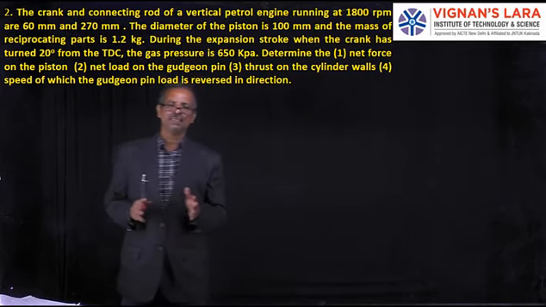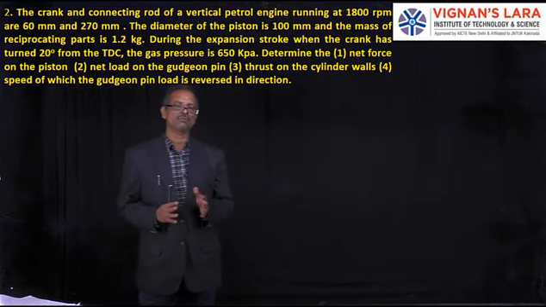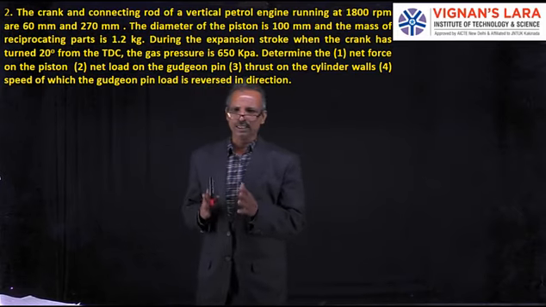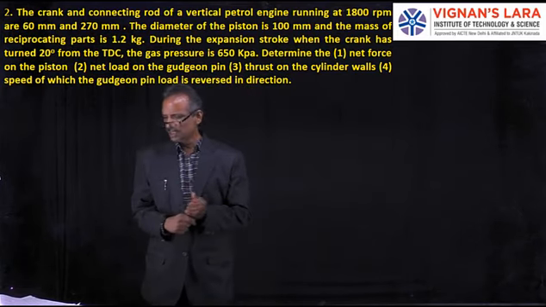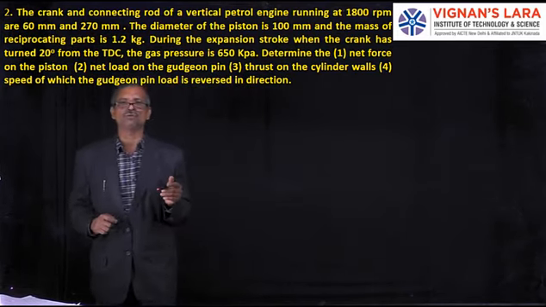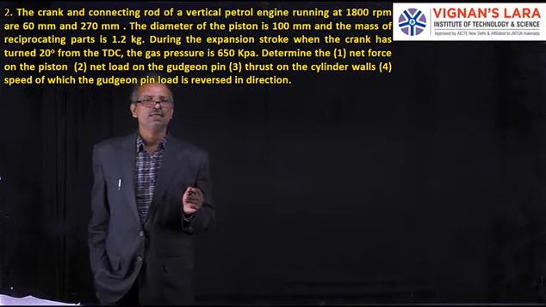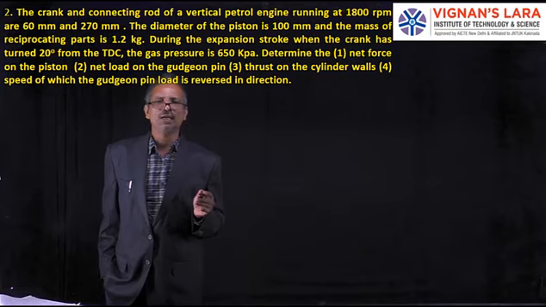So it is a simple, straightforward, direct substitution of the equations we derived in lecture number 3. Let us see what data is given and what we have to do. The crank and connecting rod of a vertical engine is running at 1800 rpm.